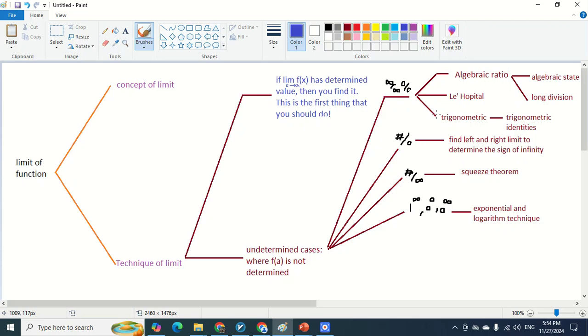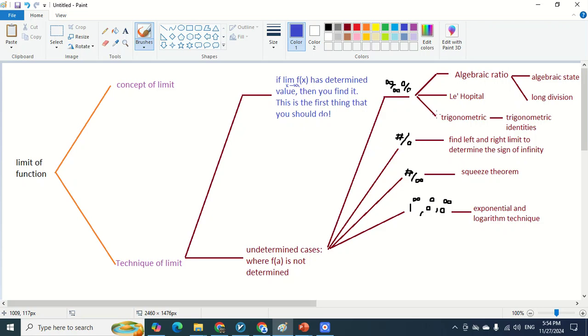And also we had the case of sine x over x where we used the squeeze theorem. For the exponential cases like 1 to the power of infinity, 0 to the power of 0, or 0 to the power of infinity, we should use the properties of the exponential and logarithm functions.